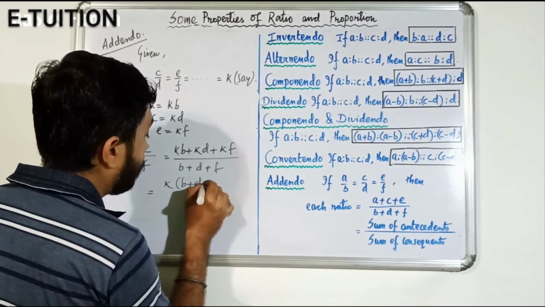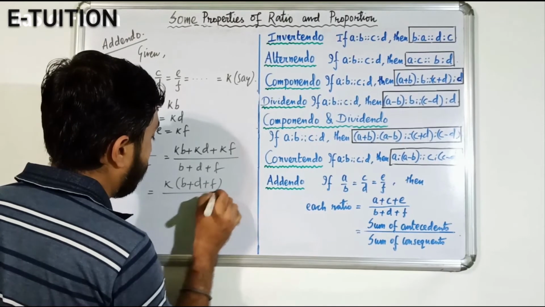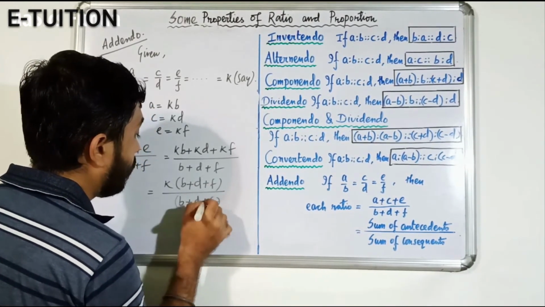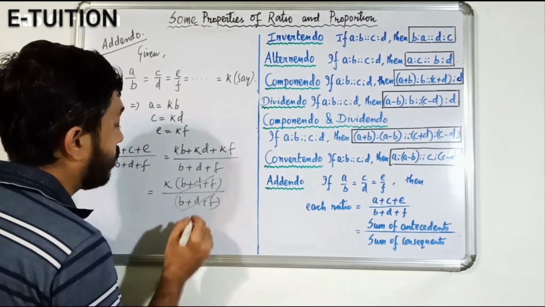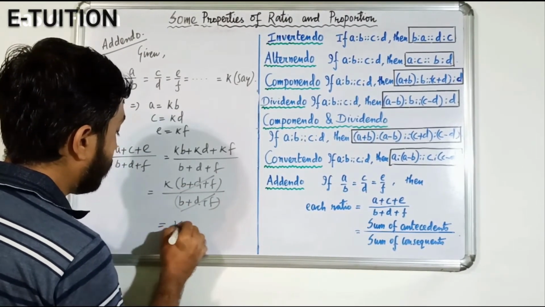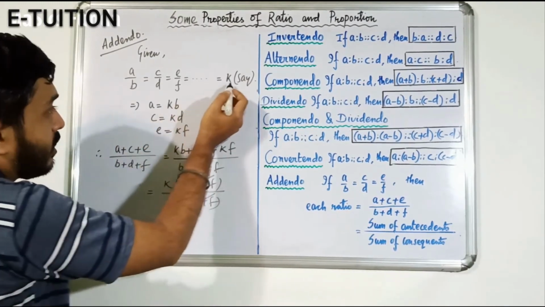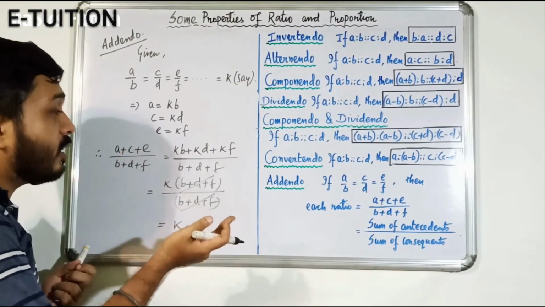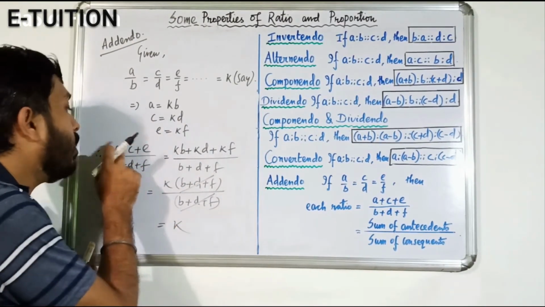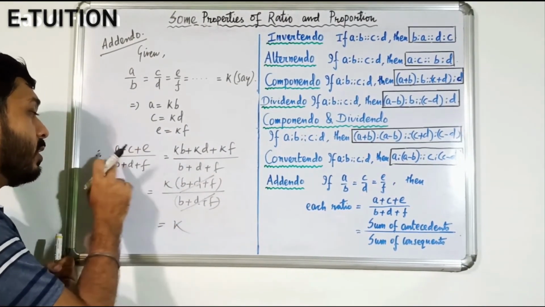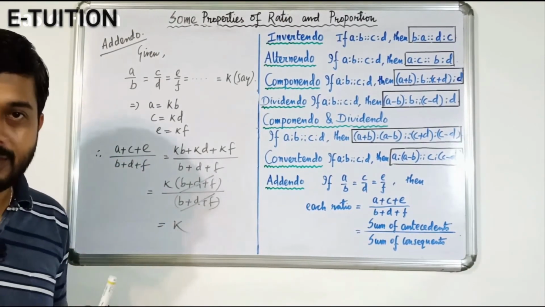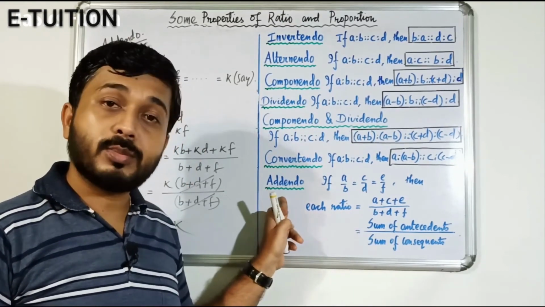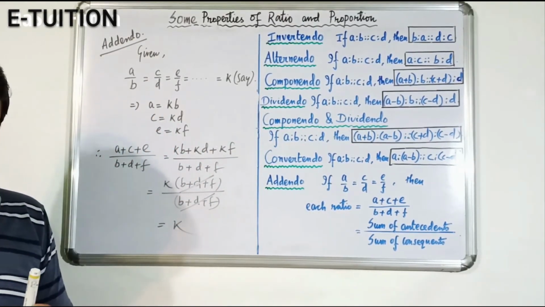Remaining inside is (B plus D plus F) upon (B plus D plus F). Cancel them out, and what you are left with is K, and K was assumed to be equal to each ratio. So each ratio can be said to be equal to (A plus C plus E) whole divided by (B plus D plus F), which is equal to K. So this operation addendo is proved. Okay.